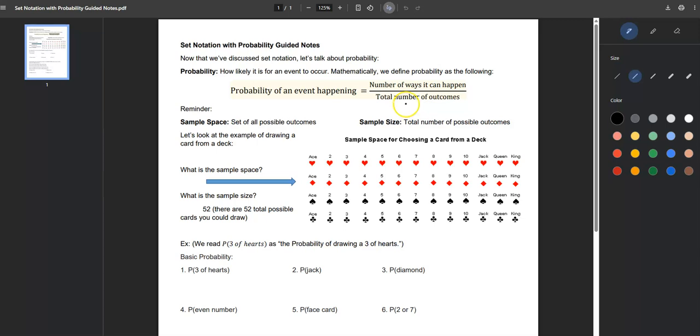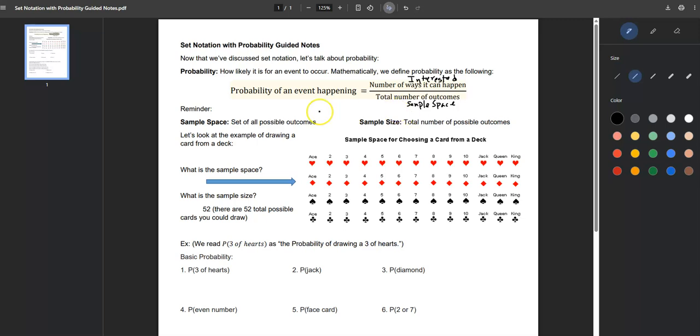So this is like the items in the sample space, if you want to think of it that way. And this is the event that I'm interested in.